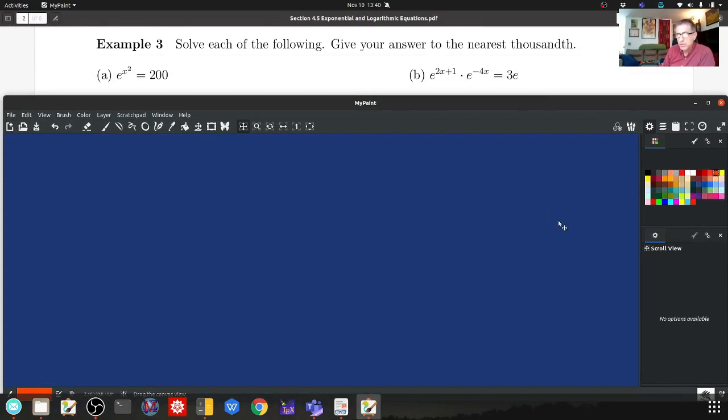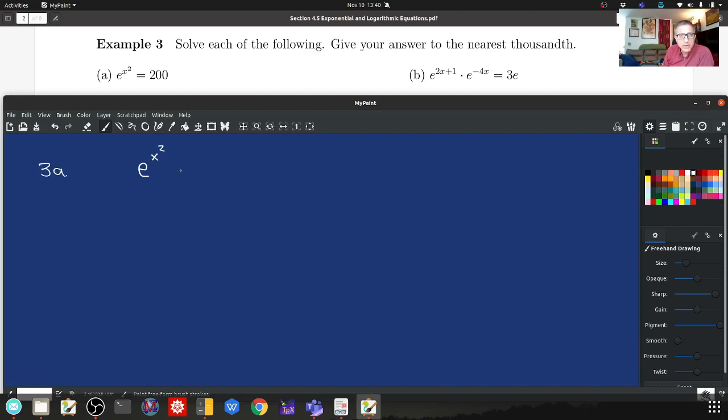So we're going to look at the first one. This is 3a. So I have e raised to the x squared is equal to 200. Now again, I'm going to solve this by taking the log of each side.